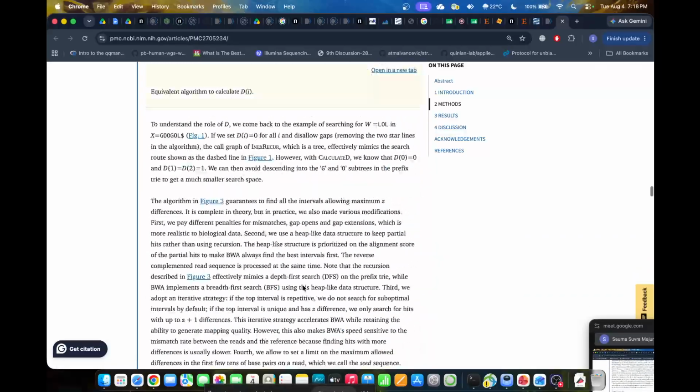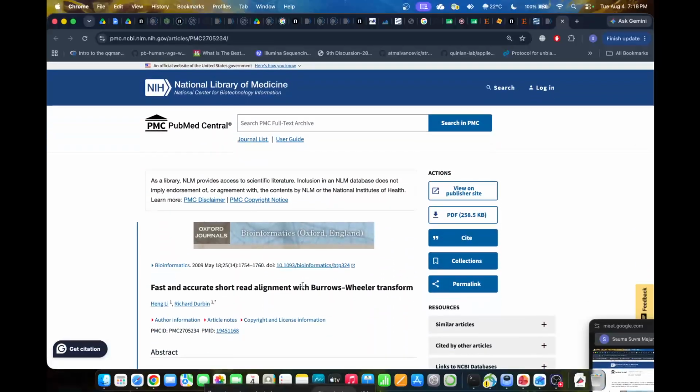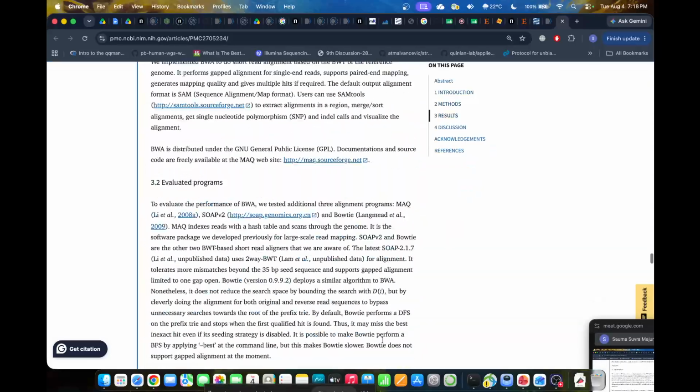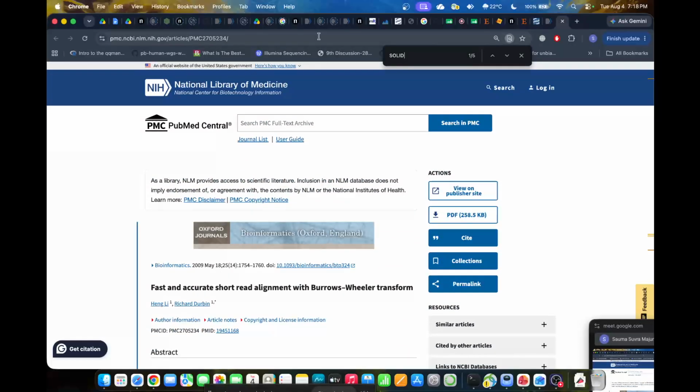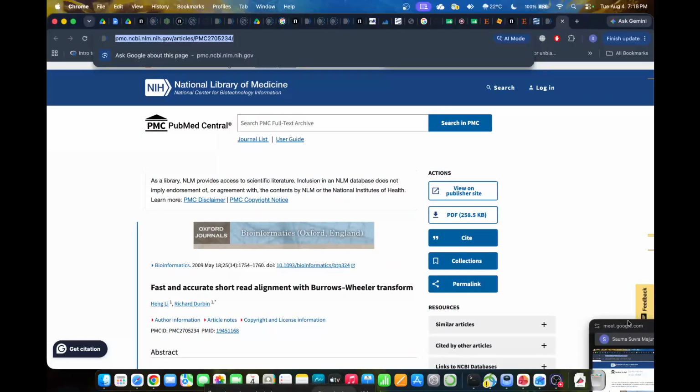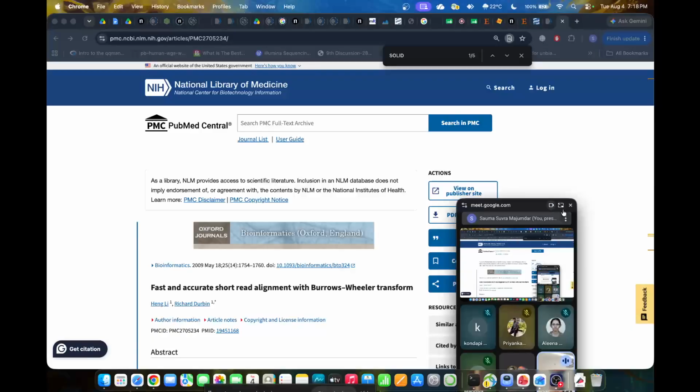This is an older paper, you can see it is a 2009 paper. This used SOLiD sequencing, by the way. It did not use Illumina or anything. It used data from SOLiD sequencing to generate this algorithm. So interesting. You can give it a read if you are interested.